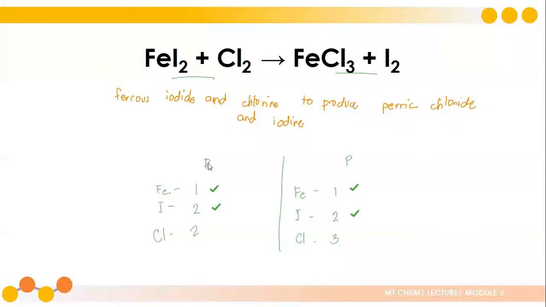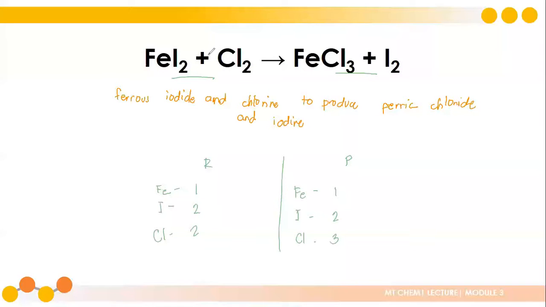On the reactant side, we have two chlorine atoms, and on the product side, we have three, making the equation not balanced. So what we do now, just like what we did a while ago, is put coefficients on the reactant side because this is the one that's lacking. You cannot subtract, you can only add and add.